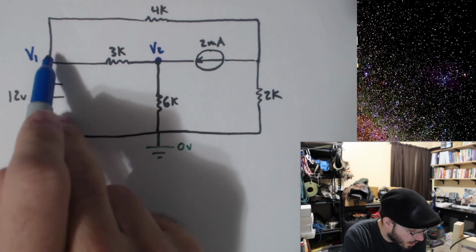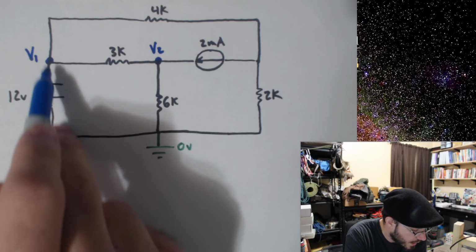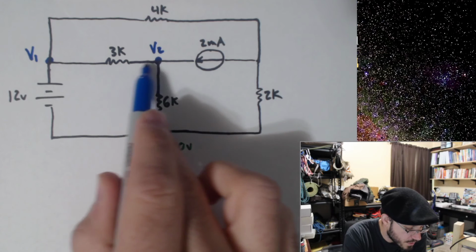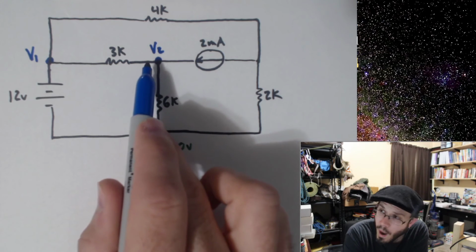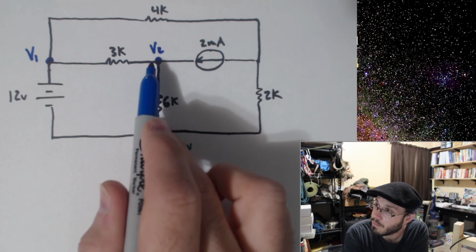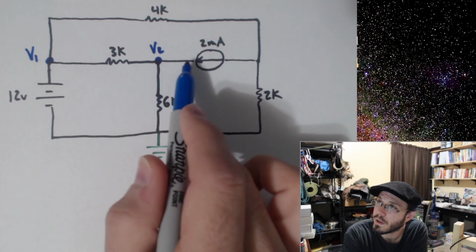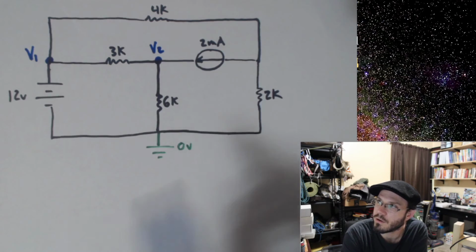Now notice all along this wire is V1, all along this wire is V1, all along this wire to the 12-volt source is V1. Same thing for V2, it's V2 all along here. Along a wire, the voltage is the same at every point. So there's only a need to label this point that covers all three of these wires coming from this node.